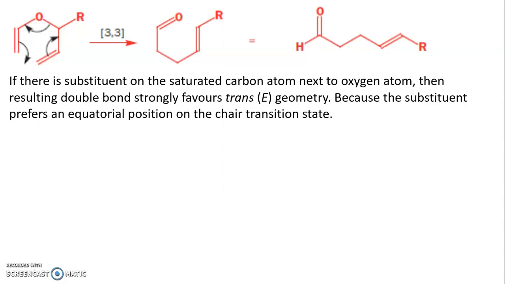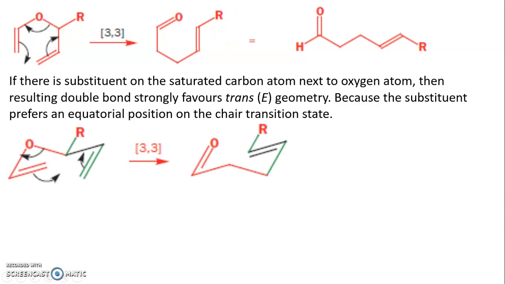Now in this product, if a substituent is there on the saturated carbon next to oxygen, then the double bond strongly favors trans geometry. Why so? Because if we see the mechanism, the substituent prefers an equatorial position in the chair transition state.